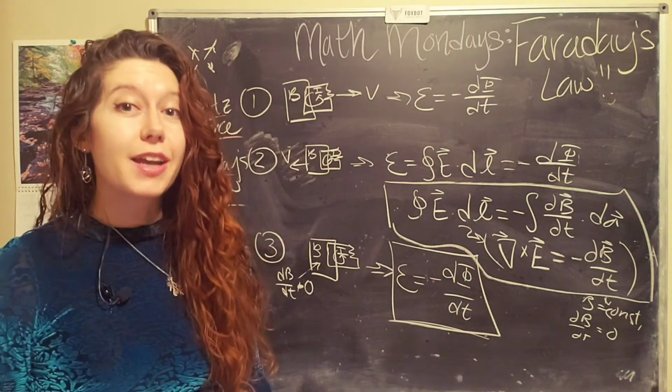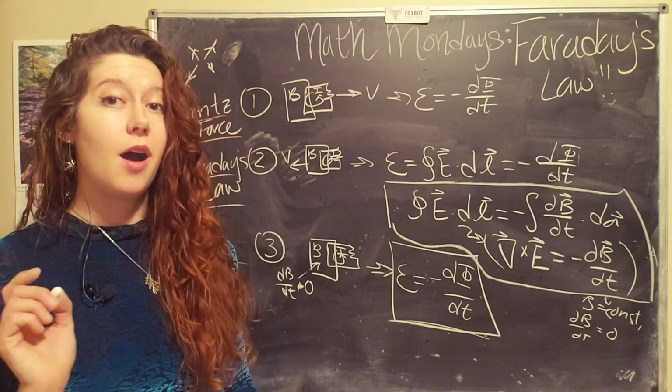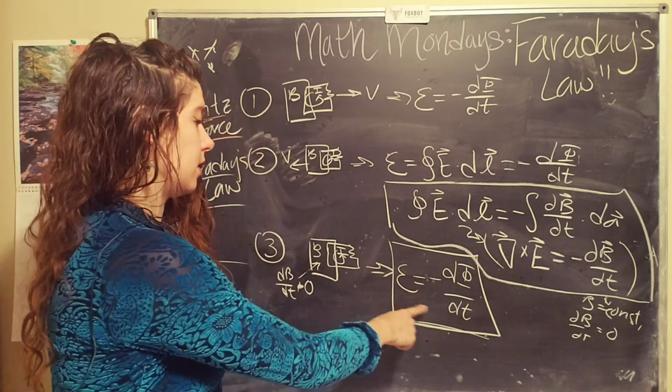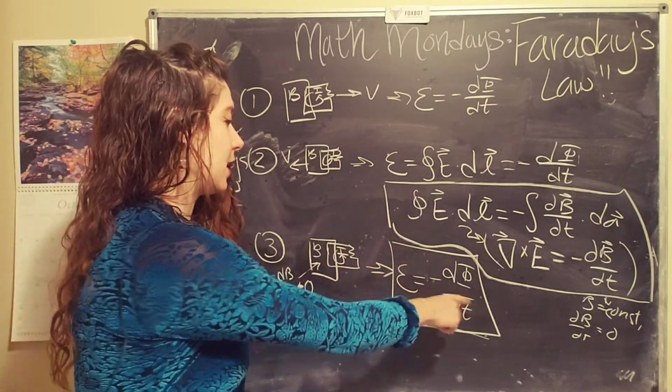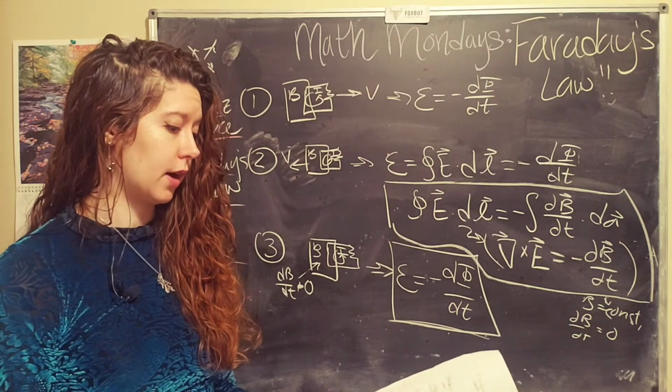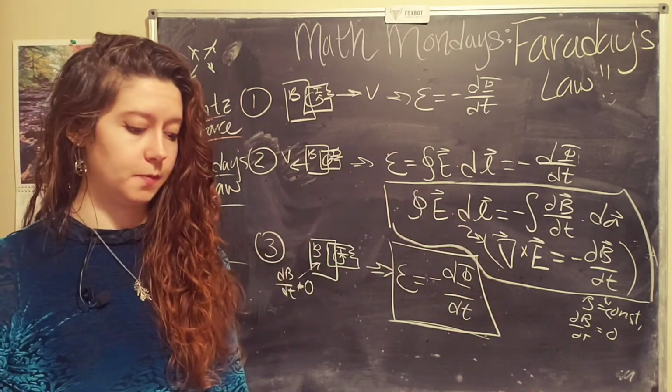Whenever the magnetic flux through a loop changes, an EMF equal to the negative rate of change of the flux will appear in the loop of wire.